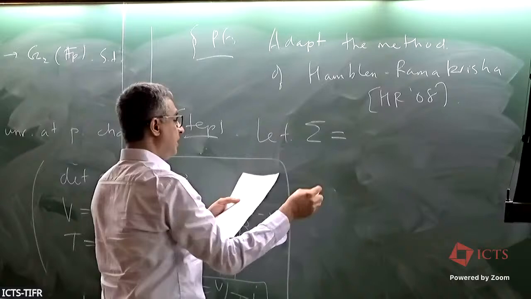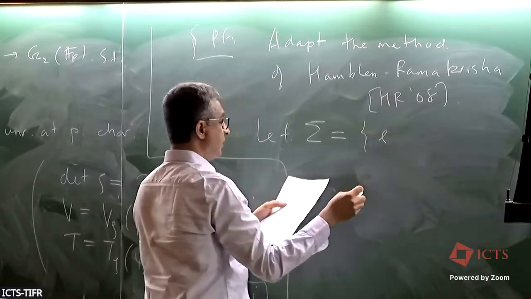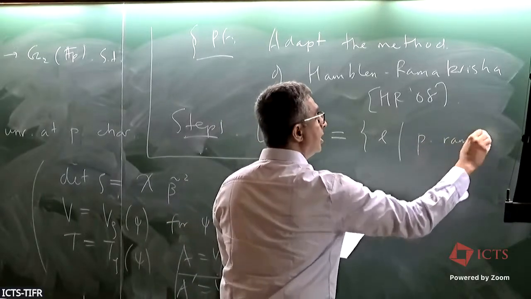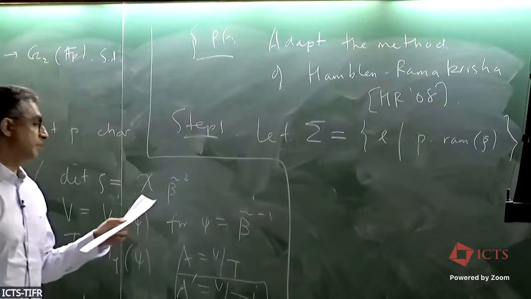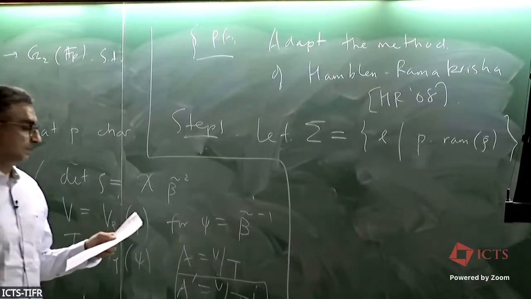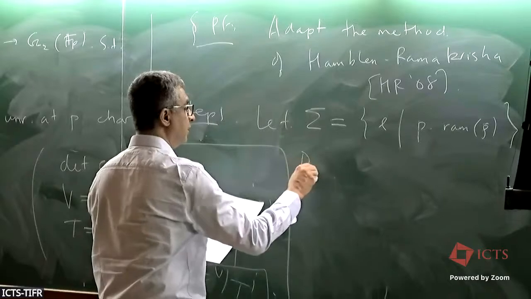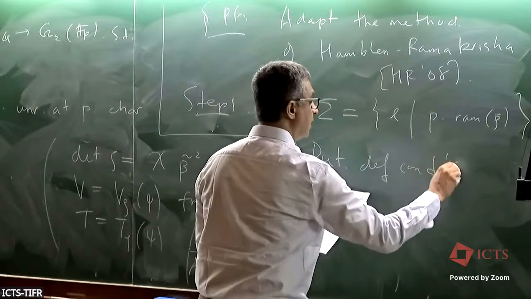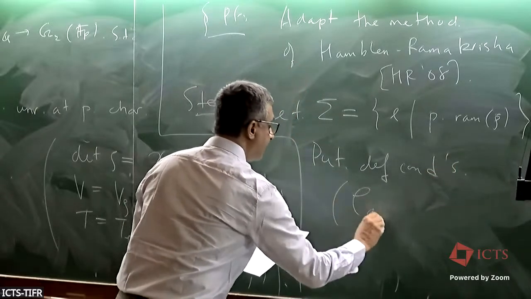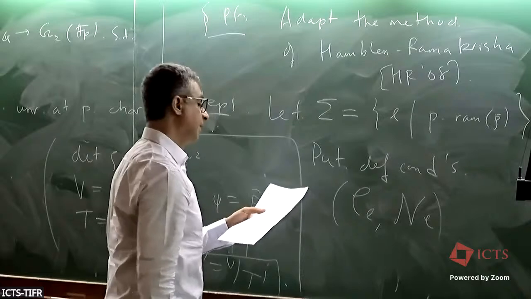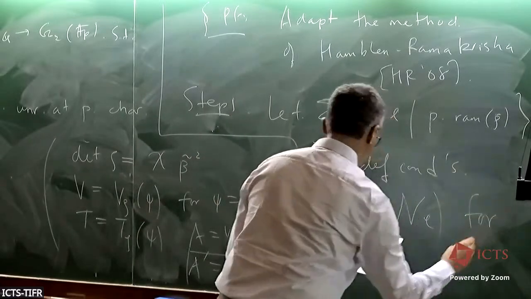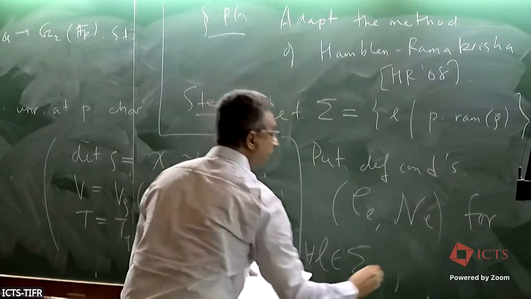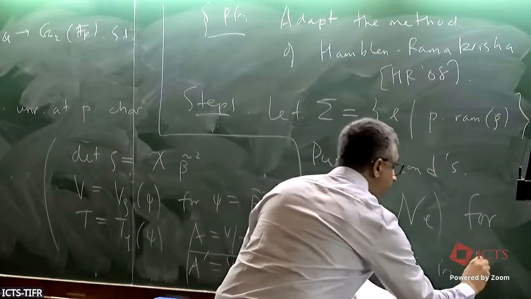So let sigma be basically the ramification set of the mod p representation. Let's throw p in there explicitly. So there's some deformation conditions, which I'll call C_L and N_L, for all L in sigma, with these same conditions as in HR.